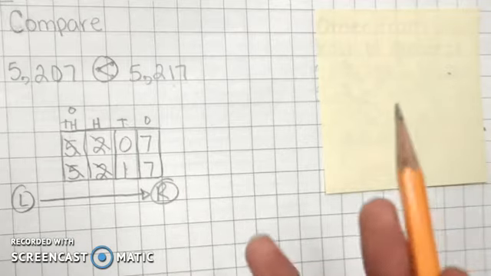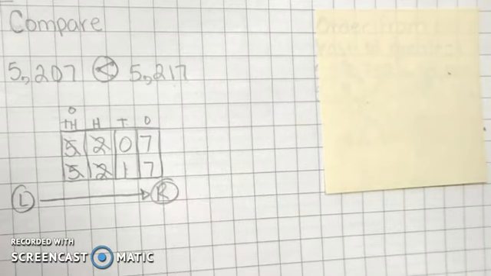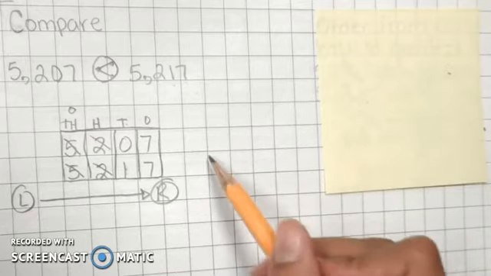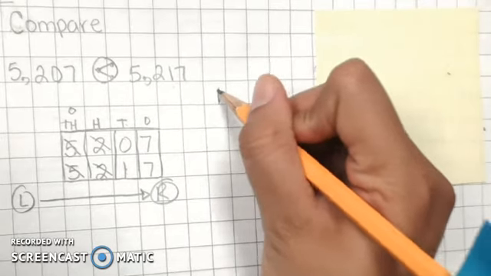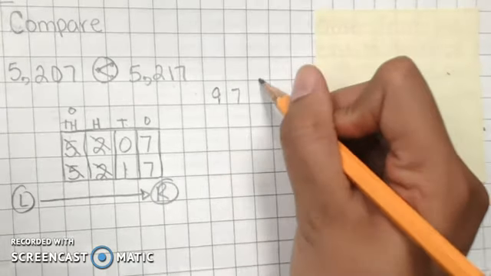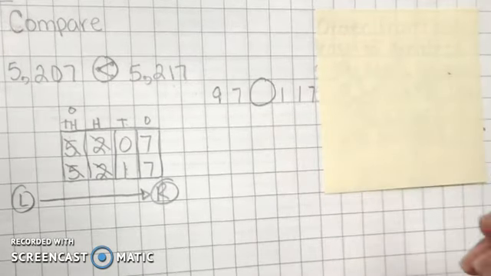In case you run into this problem in the future, if you have any empty boxes, you put a 0 in the empty boxes. Let's do a really quick model of that right here. Let's say they're asking me to compare the number 97 against the number 117. Okay.